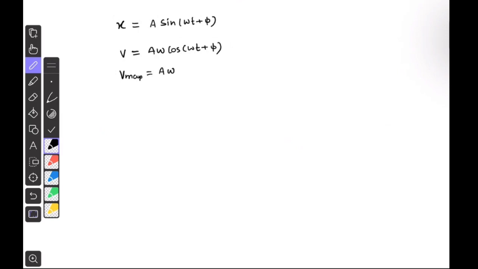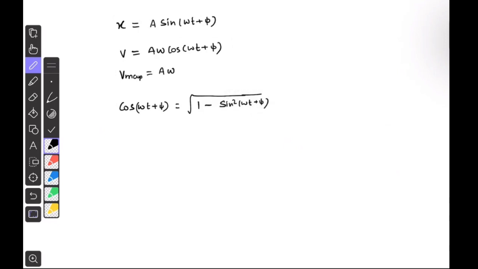So what we have is, suppose if I write down x is going to be equal to A sine omega t plus phi, and I want to figure out cos omega t plus phi. So cos omega t plus phi is going to be root over 1 minus sine square omega t plus phi, no?